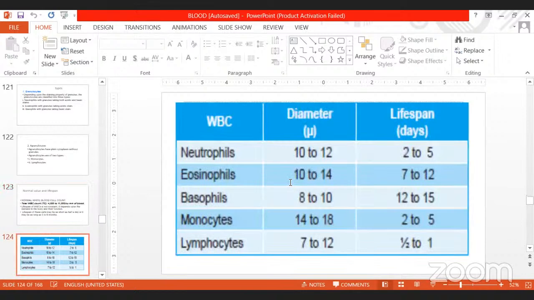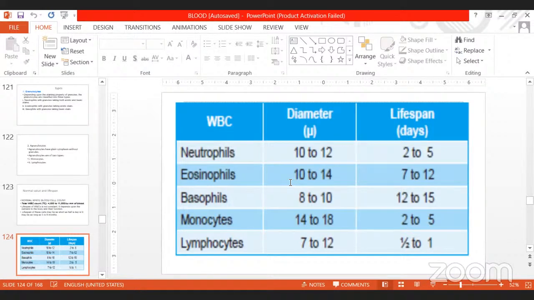Coming to the size and diameter of the WBCs, the neutrophil has a size of 10 to 12 micron with a lifespan of 2 to 5 days. Eosinophil is 10 to 14 micron with a lifespan of 7 to 12 days on average.